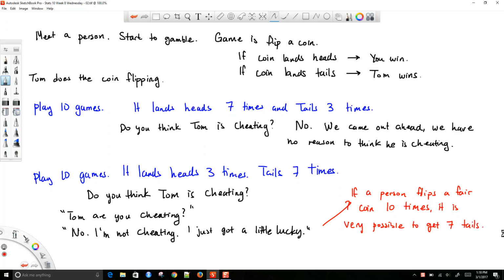And so at this point in time, we don't have any reason to believe that Tom is cheating. It doesn't prove that Tom is innocent, but it doesn't prove that Tom is cheating either.